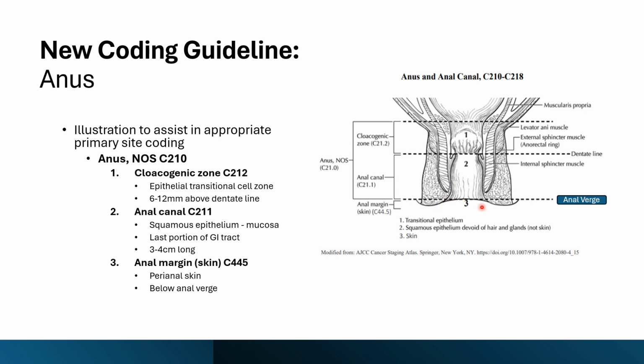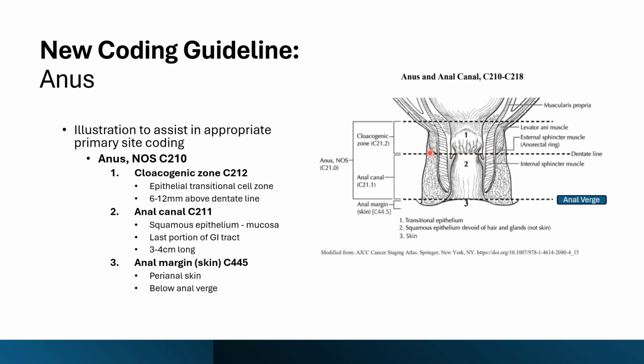And then for number 3 here, we have the anal margin, and it's actually coded to skin, C44.5. It sits below the perianal or below the anal verge. It's known as the perianal skin. So we have the cloacogenic zone up here with the epithelial transitional cell zone, 6 to 12 millimeters above the dentate line.